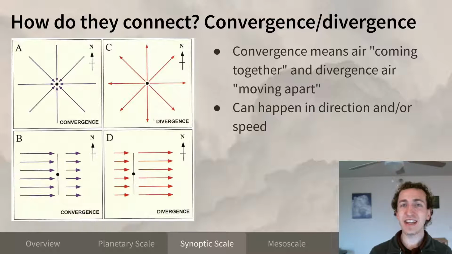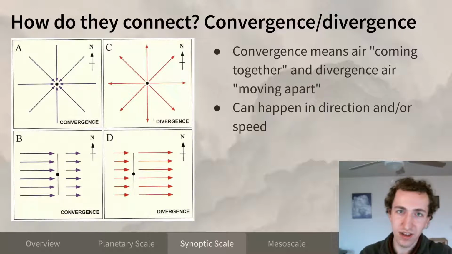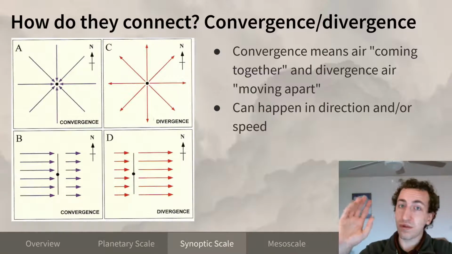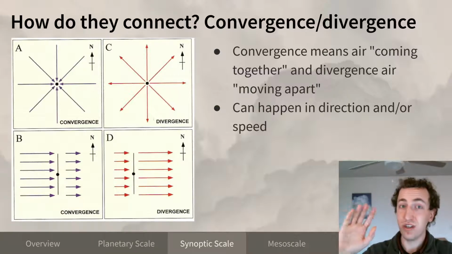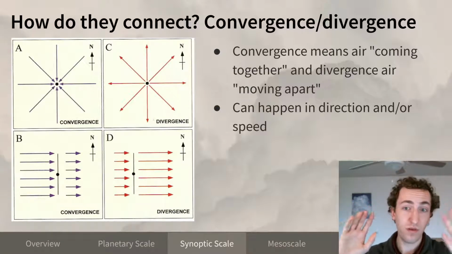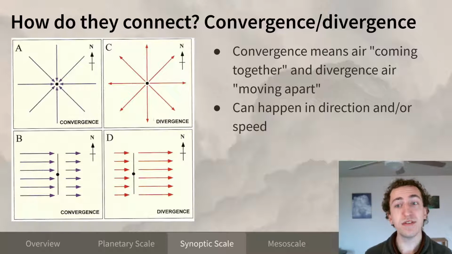The key idea of how these low-level patterns, these high and low pressure systems, closed circulations near the surface, behave, and how the upper-level ridges and troughs behave, comes down to convergence and divergence.